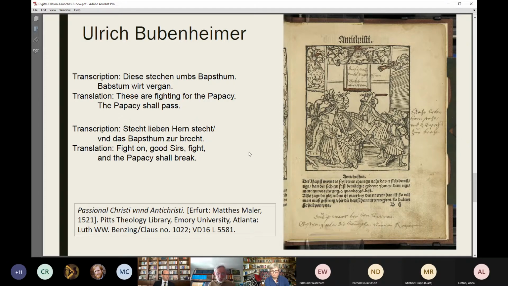The change of the original title from Antithesis to Passional could perhaps suggest that the images of Christ could also be used in the traditional understanding of the word passionale for the meditation of Christ's suffering.